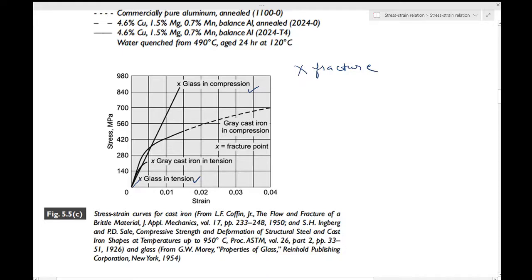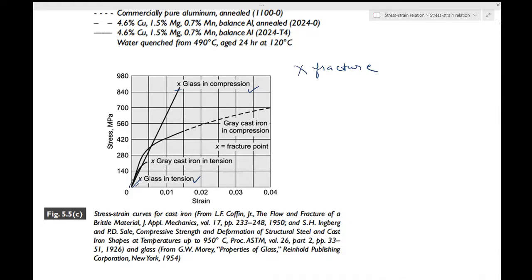So its behavior is entirely elastic. There is no evidence of plasticity. Even if you decide to unload at this point, it will come back to zero strain. If you decide to unload at this point, it will come back to zero strain. So there is no plasticity when it comes to glass.